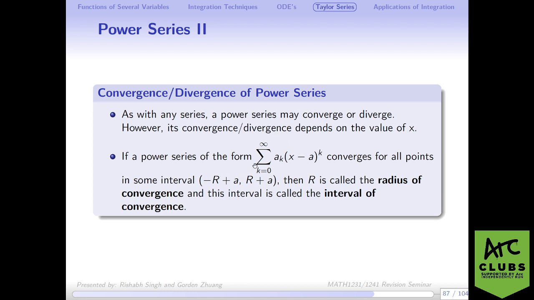And when the power series is in this form, then we can say it converges within some interval. This interval is called the interval of convergence, and this radius r is called the radius of convergence.